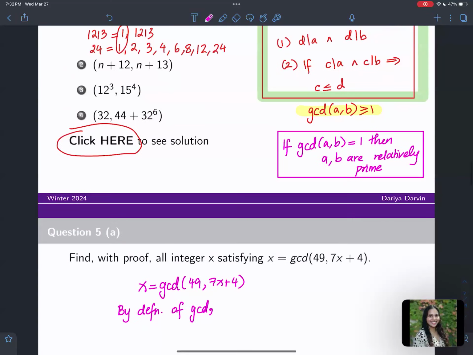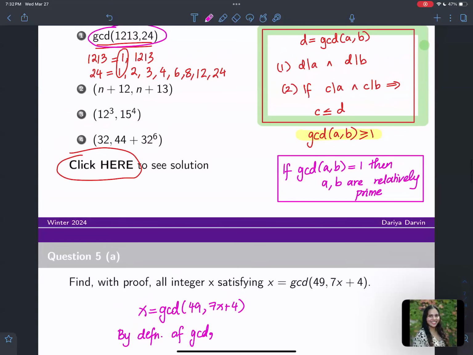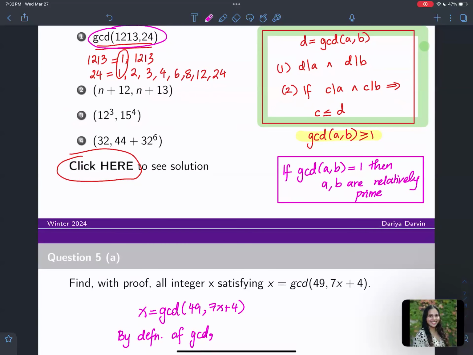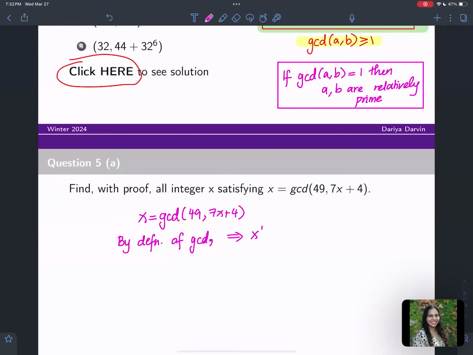What does this tell me about x? Look at the definition given up there. Awesome. It tells you x divides 49 and 7x plus 4, because a greatest common divisor is a common divisor, so it divides both of them.